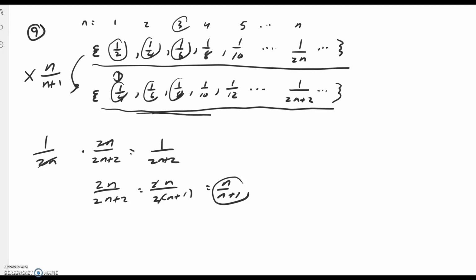Here, n is 3, so we're going to multiply by 3 over 4. So let's take 1/6 and multiply by 3 over 4. That is 1/8. Notice 1/6 gives us 1/8. Let's try 1/10. 1/10, n equals 5, so we're going to multiply by 5 over 6, and that gives us 1/12.